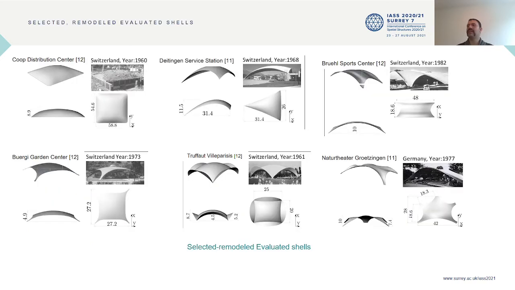As we can see here, these shells were selected because they were used by him more frequently, and they were made by three different methods that Isler generally used for developing those geometries, so we can compare them with each other.